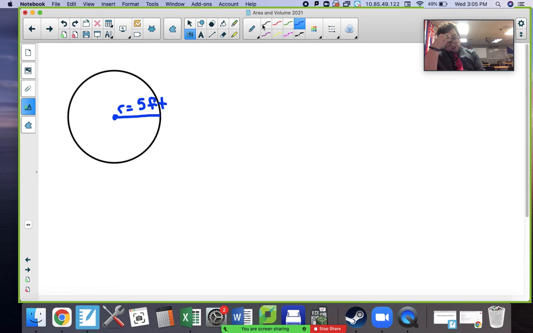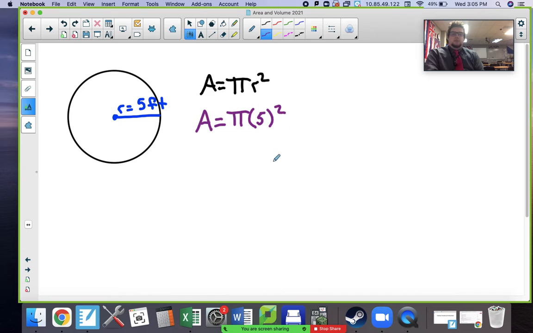To find the area of a circle, area is equal to pi r squared. We're going to take our radius and plug it into the formula. 5 squared is 25.